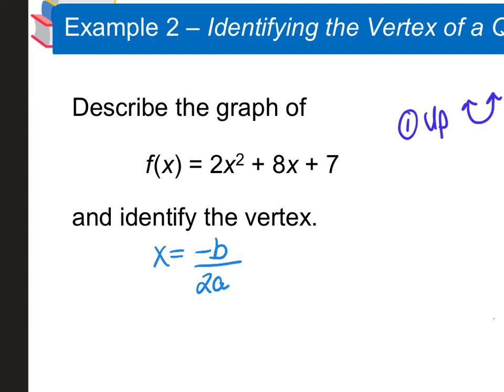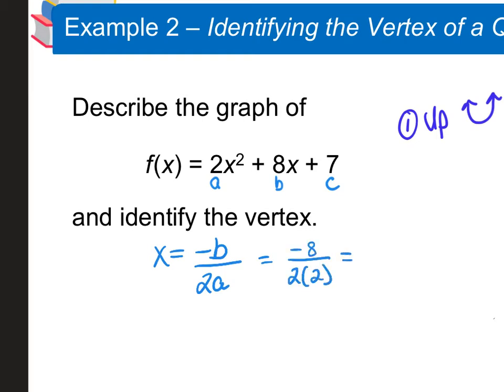What is my A term? 2. What is my B term? 8. What is my C term? 7. Yep. So in order to identify the vertex, you have to find the x part first. It's negative b over 2a. So I would simply say negative 8 over 2 times 2.